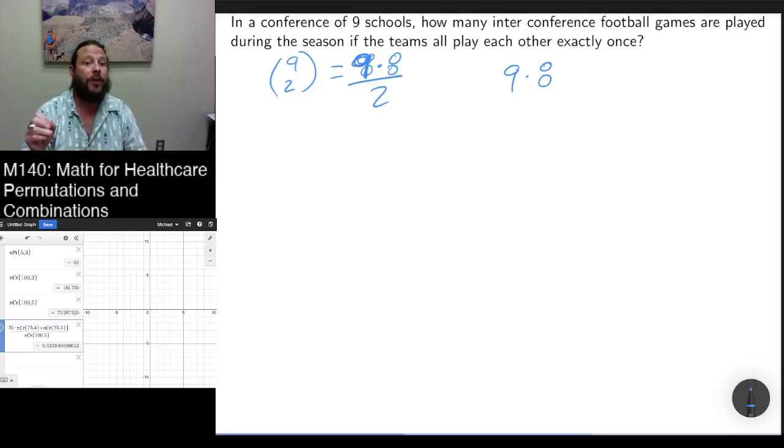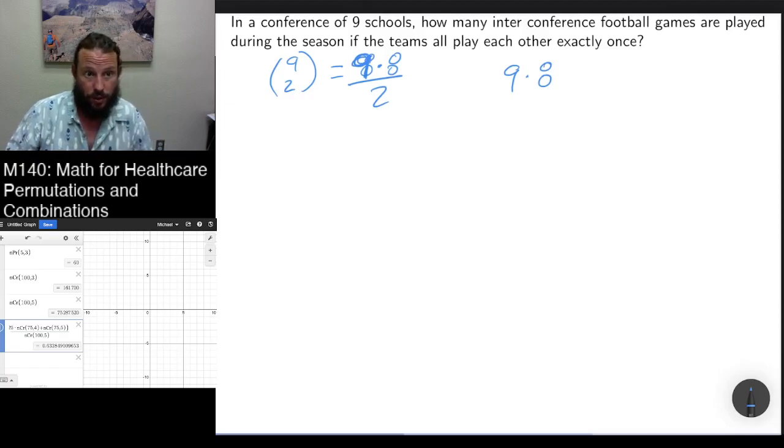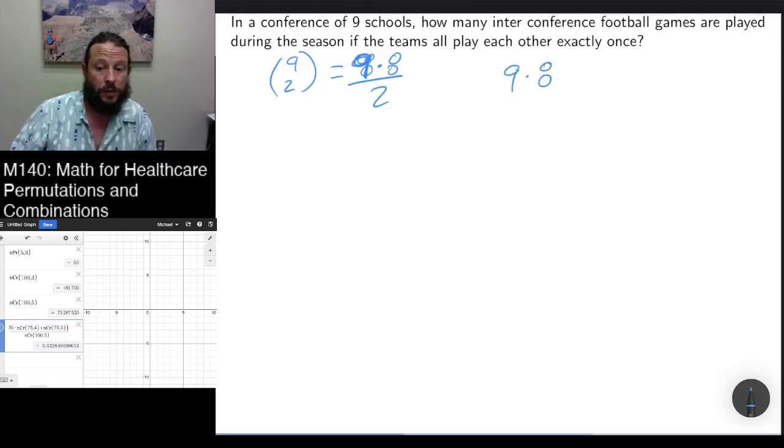That would be if they play each other twice, with a home and an away game. Then there would be 9 times 8, right? But in this case, each team plays each other once. 9 choose 2. So yeah.